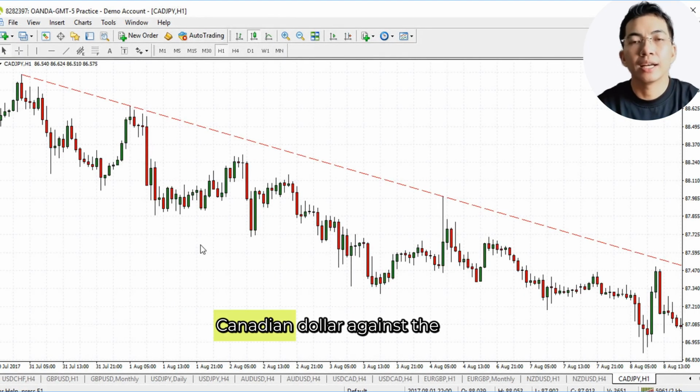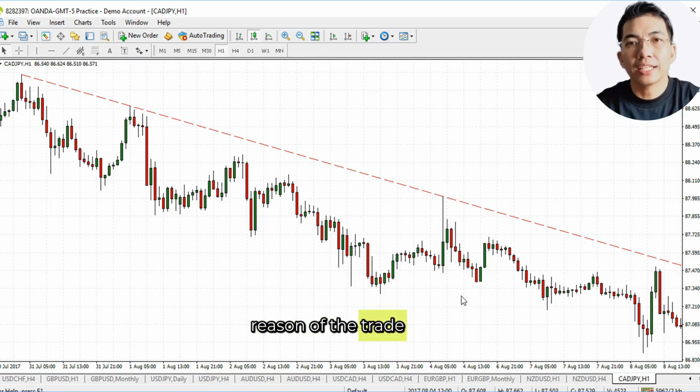So here we have the Canadian dollar against the Japanese yen on a 1-hour chart. I have drawn this downtrend line, so the reason for the trade is quite simple. I want to open a short position when the price is close to the downtrend line.